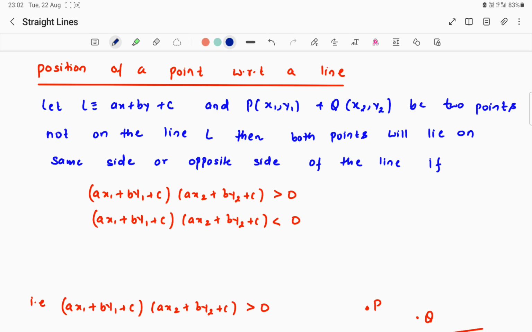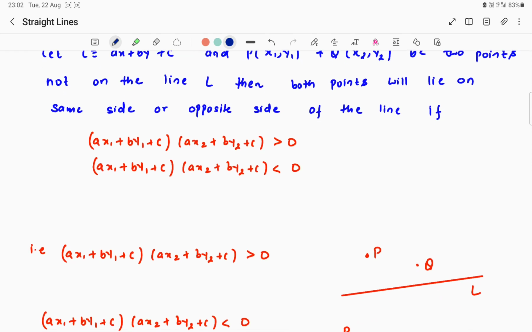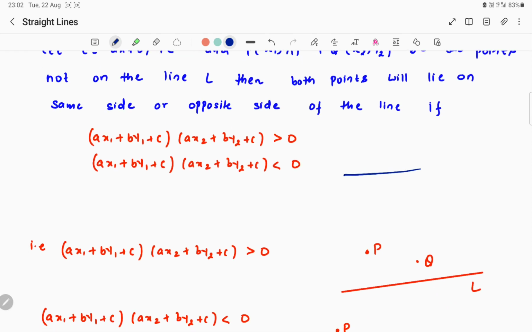Now let L be ax plus by plus c, and let P and Q be two points not on the line. Then both the points will be on the same side or on opposite sides. It is very easy to understand. Suppose this is a point P whose coordinates are x1 comma y1, and Q is, let's say, x2 comma y2.